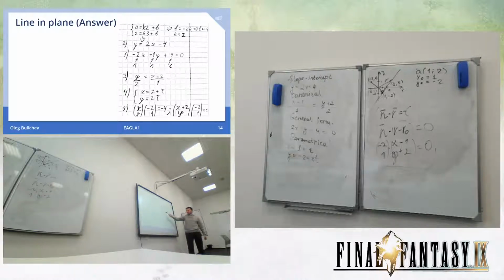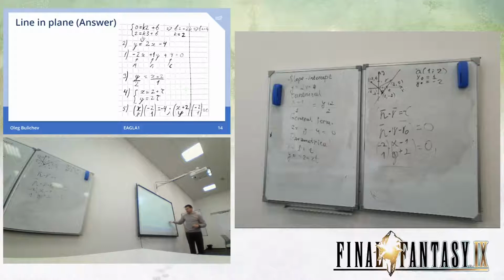After this, you can go to the general form. You just change the sign here. So we wrote it in this form. After this, we can go easier to canonical form, because going from this one to this one is easier for me. Parametric form is equal to tau.